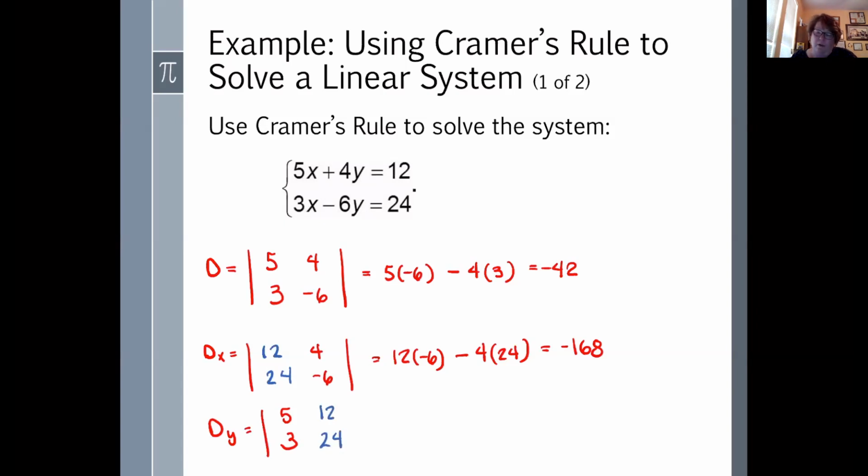All right, so now I'm going to find that determinant. And I have 5 times 24, excuse me, minus 12 times 3. And my calculator says that 5 times 24 minus 12 times 3 is 84. So now I have the values for my three determinants. D is -42, D sub x is -168, and D sub y is 84.